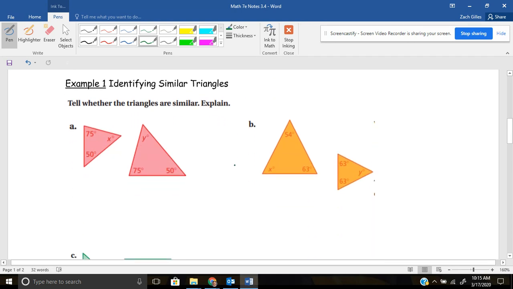So for example 1, it says, tell whether the triangles are similar and explain.